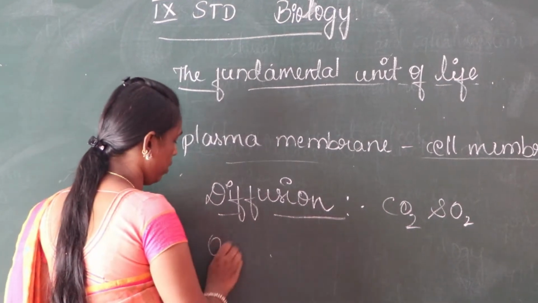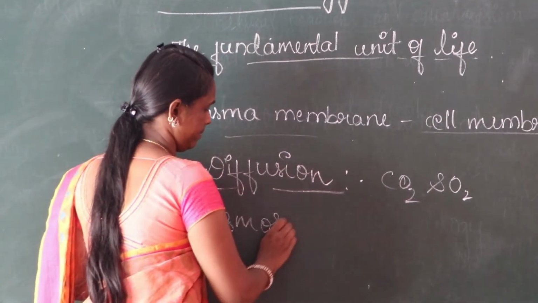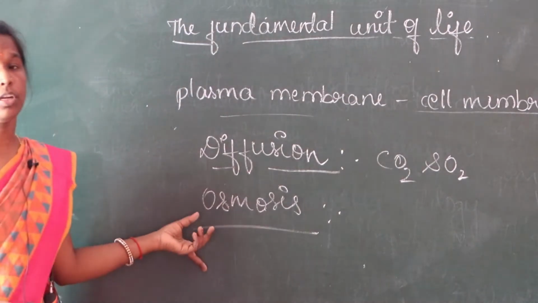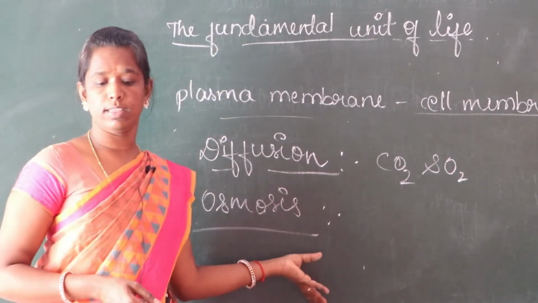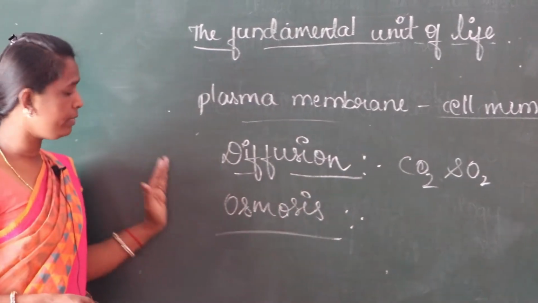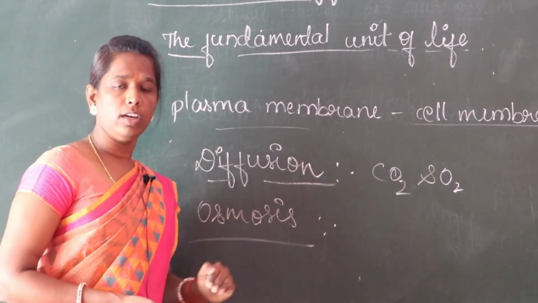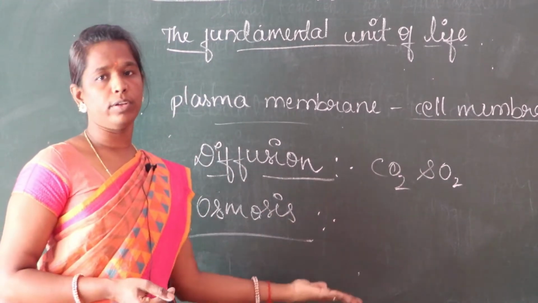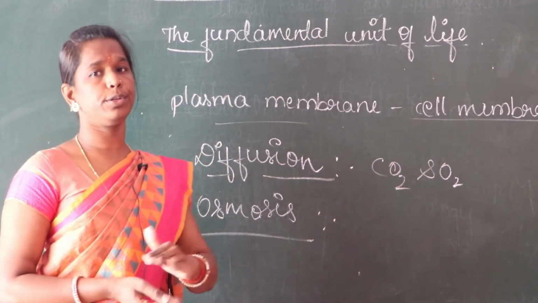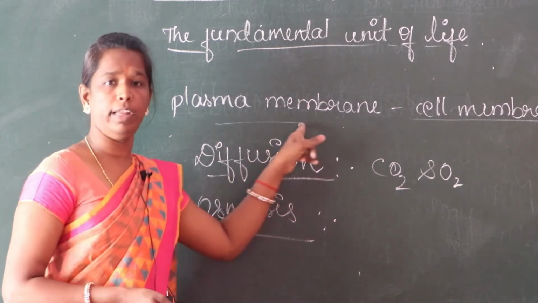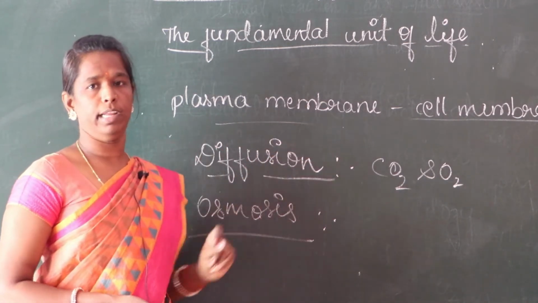The next process is called osmosis. Last year you learned this definition. Osmosis is the movement of water molecules from higher concentration to lower concentration, or lower concentration to higher concentration, through a semi-permeable membrane or plasma membrane.